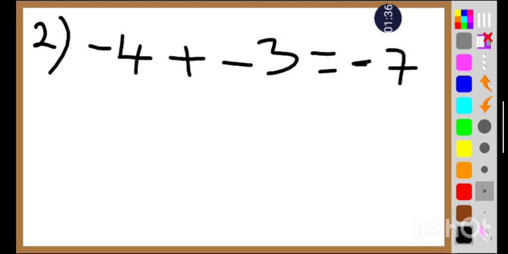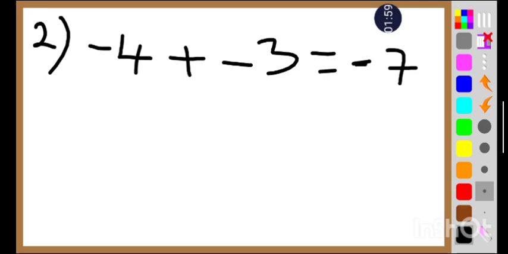Right? This same one again, how do we approach it? In terms of using concrete objects, let's say negative 4, you can decide to use red objects for negative, black objects for positive.